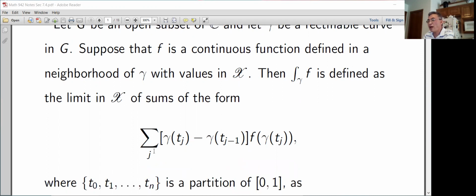Then the integral over gamma of f is defined as the limit in X of the sums of the form sigma over j of (gamma of Tj minus gamma of Tj minus 1) times f of gamma of Tj, where T0, T1 through Tn is a partition of [0, 1].